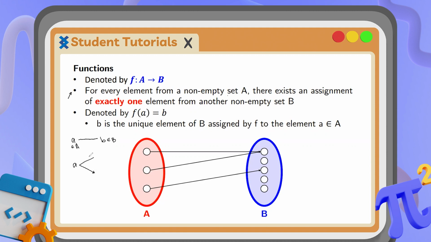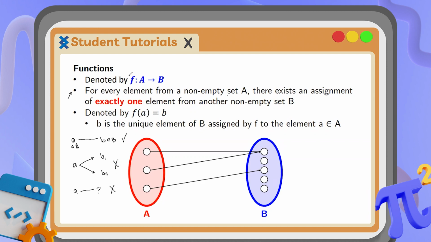One where an input maps to more than one output, or an input does not map to any output at all. So with this, we can say that this one is a function, this one is not a function, and this one is not a function.